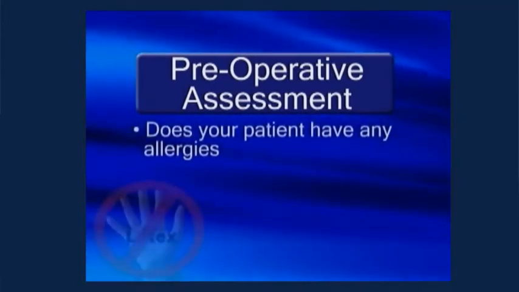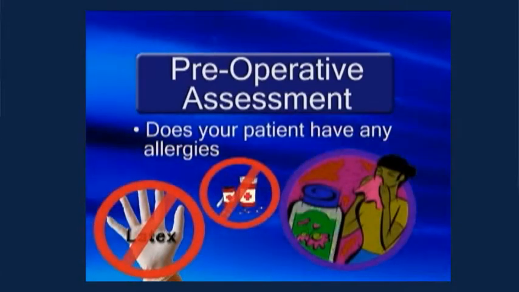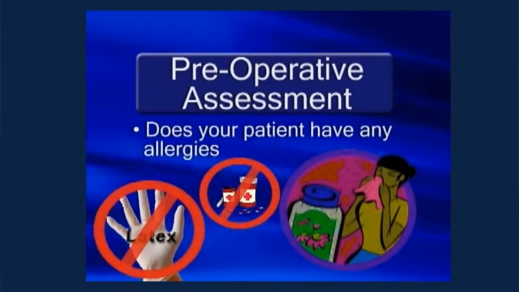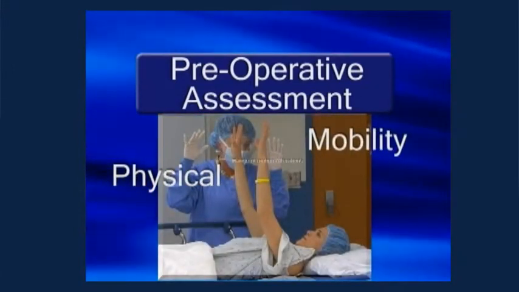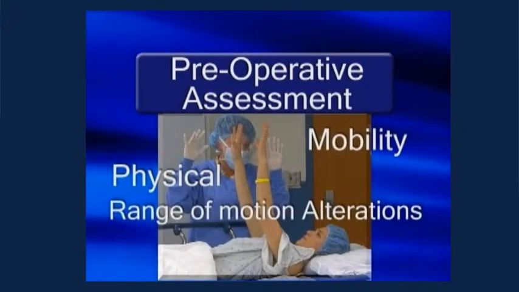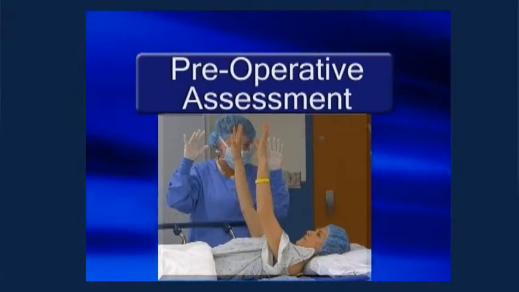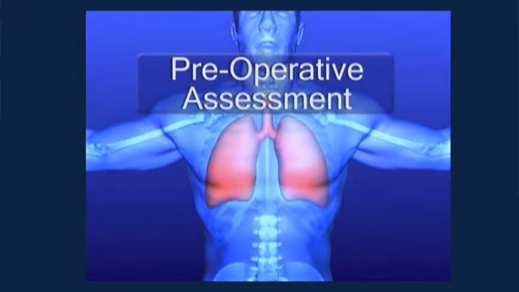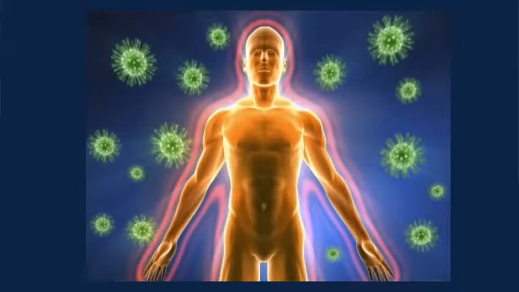Patient allergies, especially to latex or other environmental agents that may come in contact with the skin during positioning. Physical, mobility, or other range of motion alterations, such as contractures. The nurse should determine the presence of any pre-existing conditions affecting the vascular, respiratory, circulatory, neurological, or immune system.